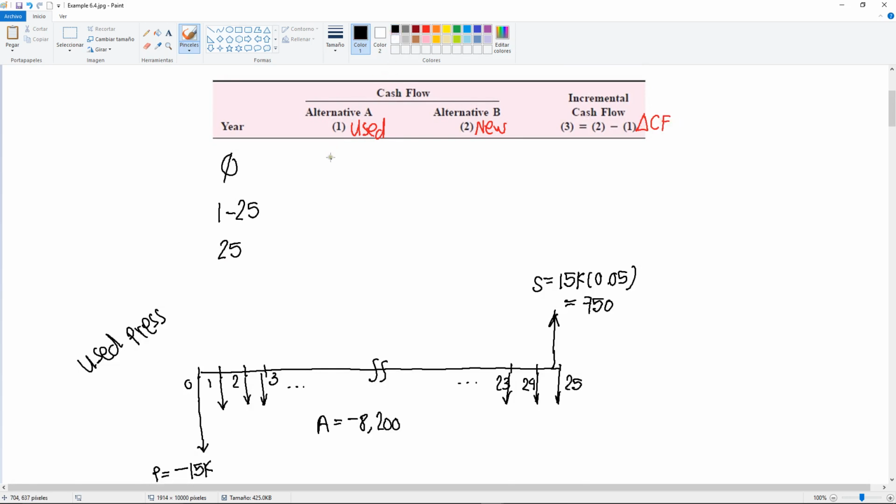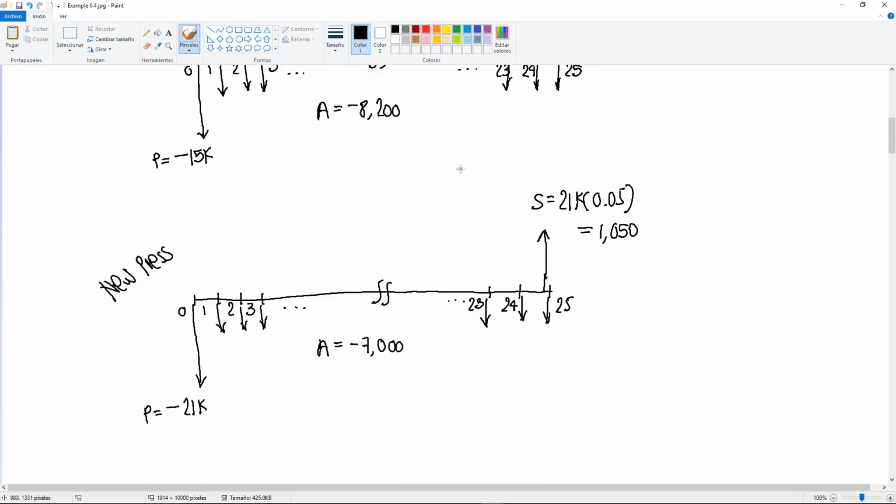Okay, so the used one, we said that this is minus 15,000. This is what occurs in year 0. Then from years 1 through 25, we have minus 8,200. And then in year 25, in addition to the A, we have the salvage value, which is 750. Then for alternative B, we do the same thing.